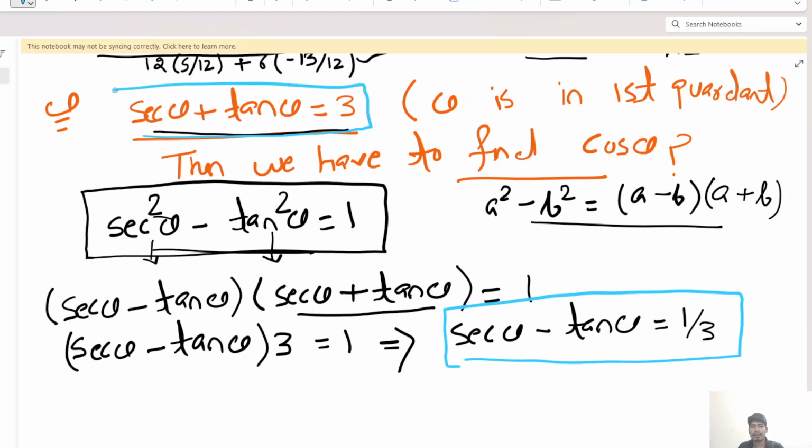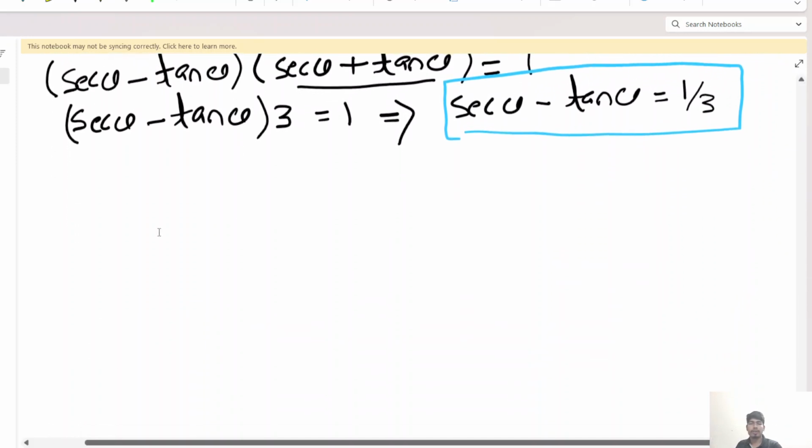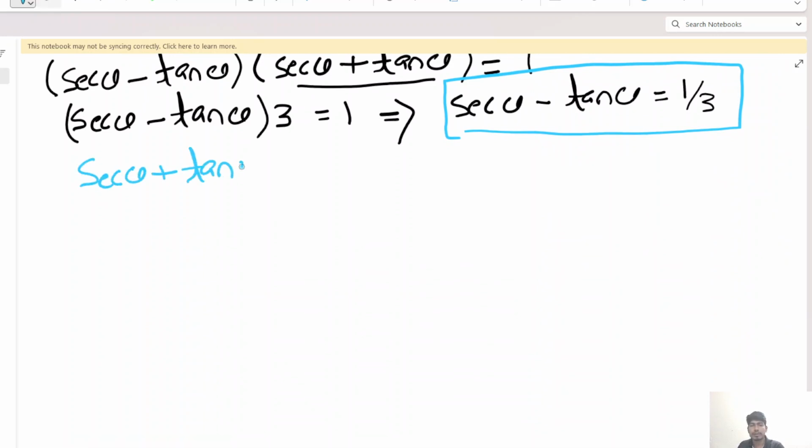These two equations we have to solve. What is given, sec theta plus tan theta is 3, and we obtain sec theta minus tan theta is 1 by 3.